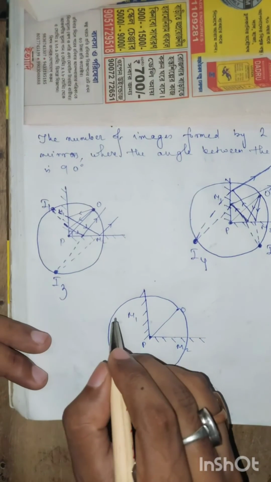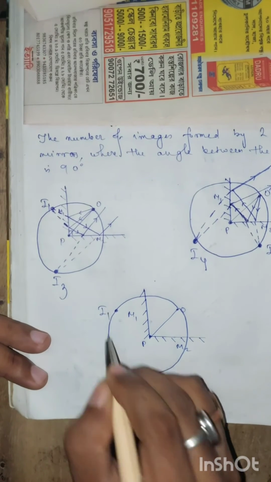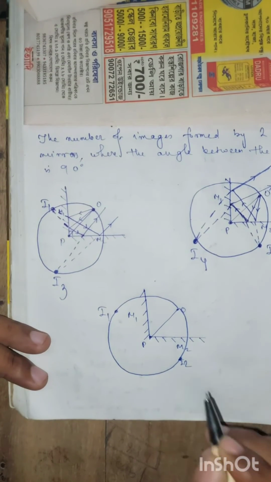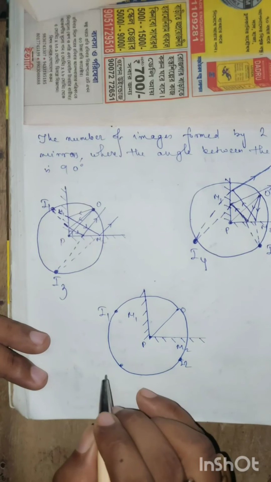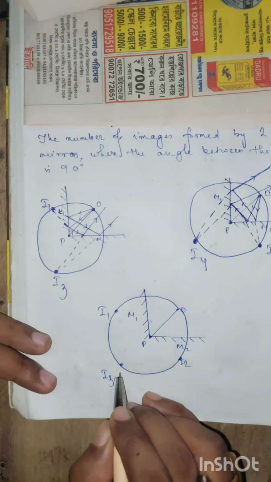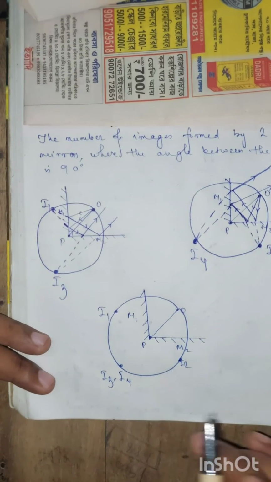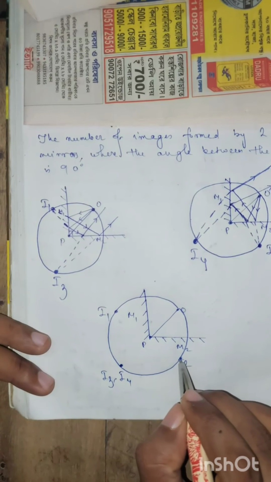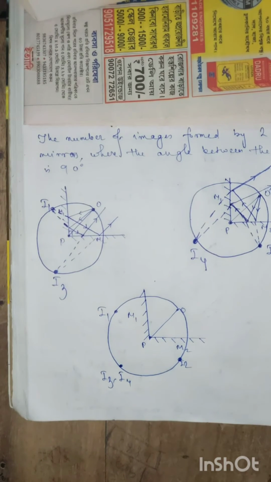Okay, so this is our image 1, this is our image 2, this is our image 3 comma image 4. Okay, these two images get overlapped. That is why actually we should get four images, but we can see only three images because two images get overlapped.